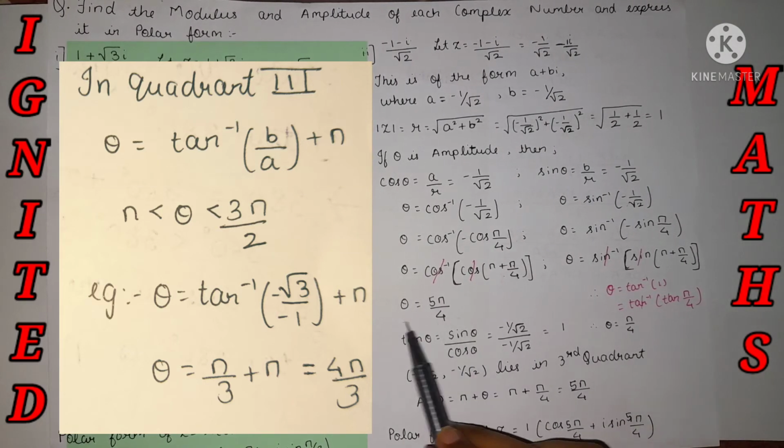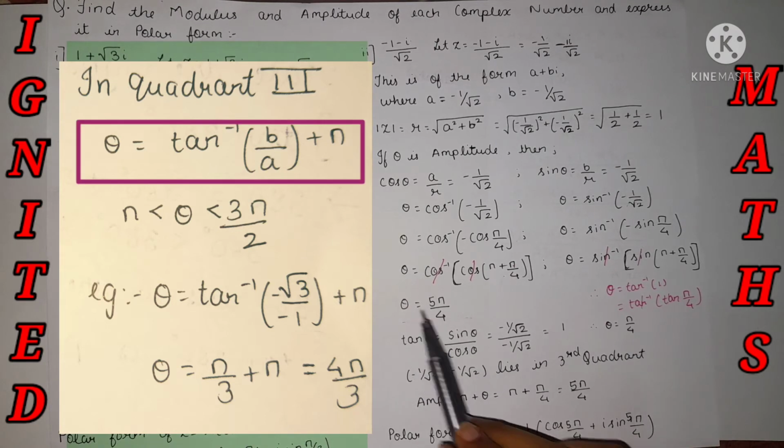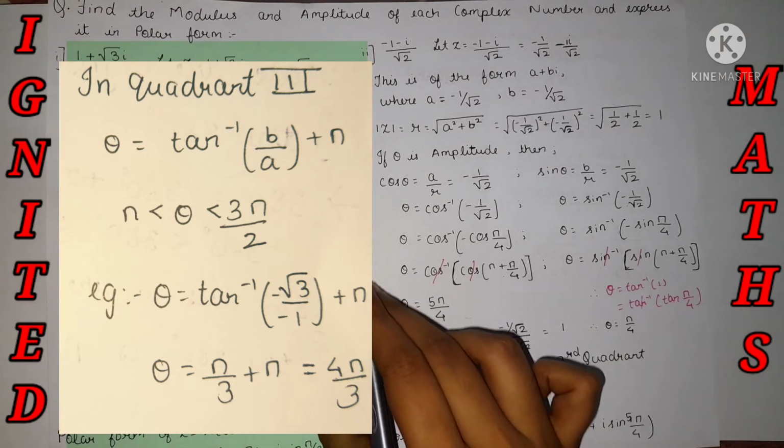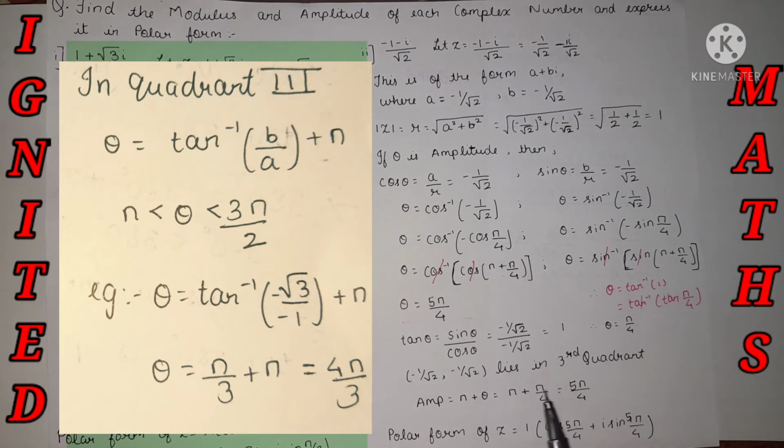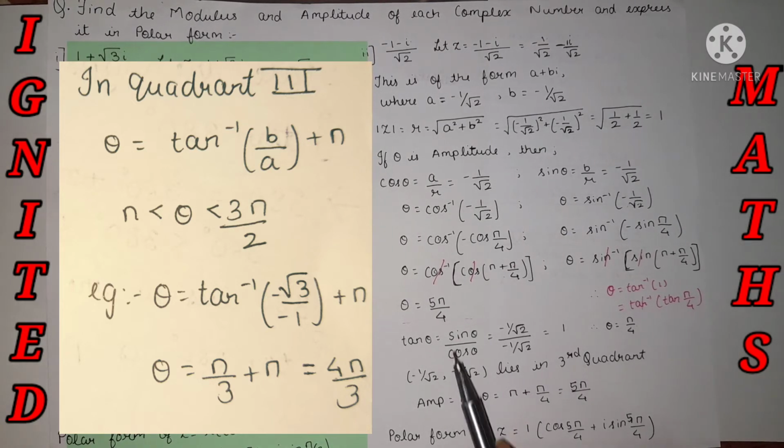This is one method, and the other method is this. So pi plus pi by 4 is nothing but 5 pi by 4. Within these 2-3 steps we can find the value of the amplitude with the help of the quadrant.